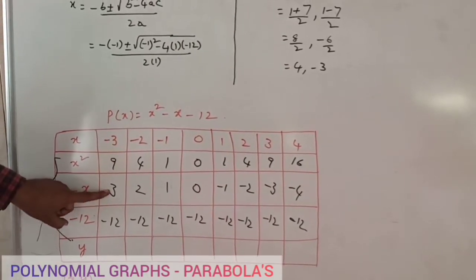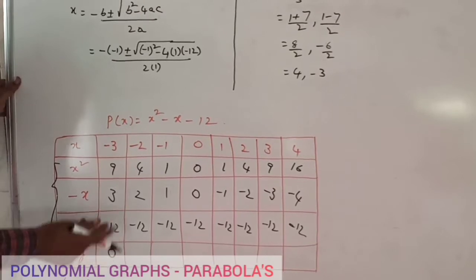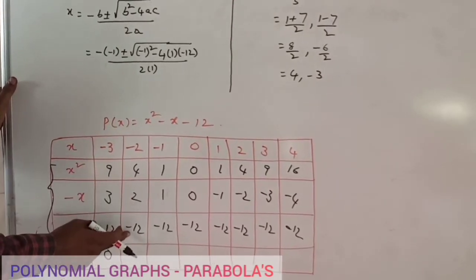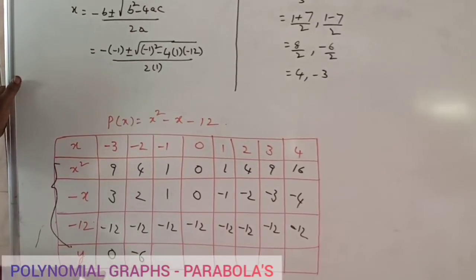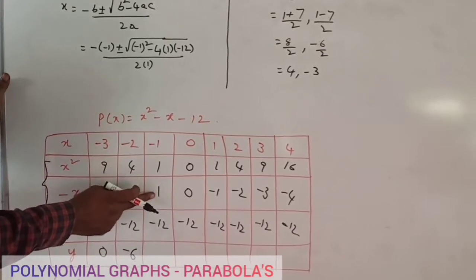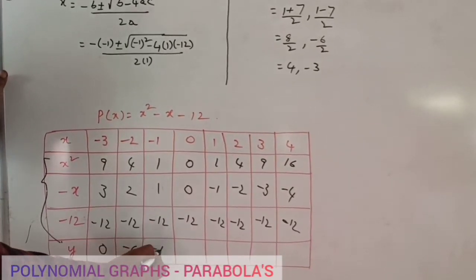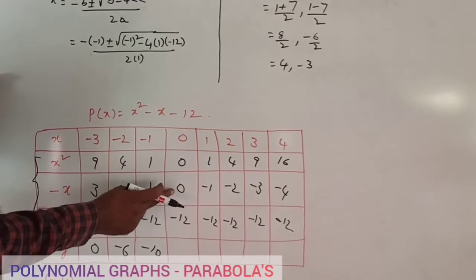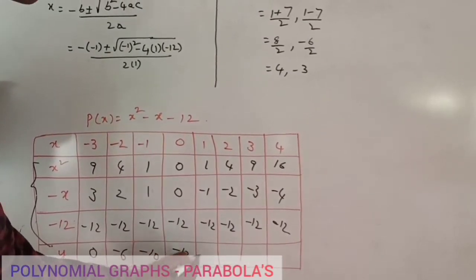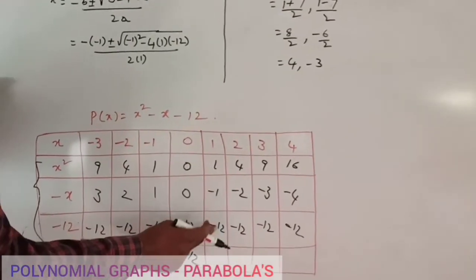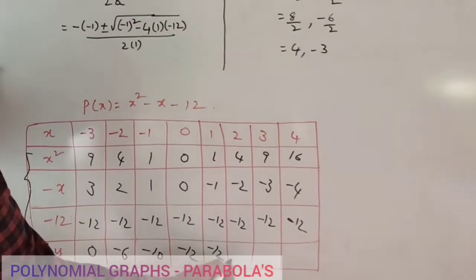9 plus 3 is 12, 12 minus 12 is 0. 4 plus 2 is 6, 6 minus 12 is minus 6. 1 plus 1 is 2, 2 minus 12 is minus 10. 0, 0, minus 12 is minus 12. 1 minus 1 is 0, so the remaining value is minus 12.